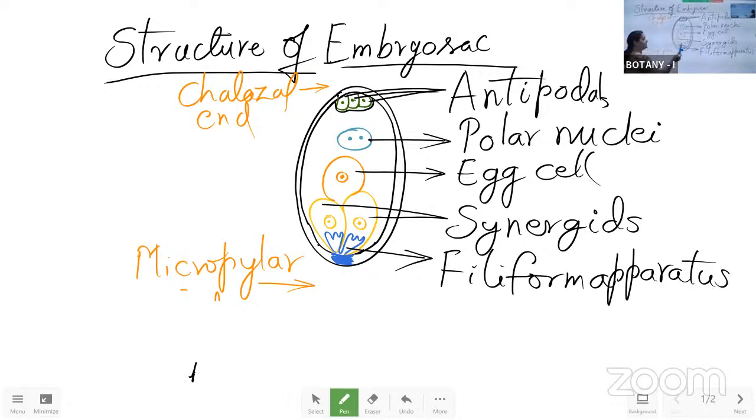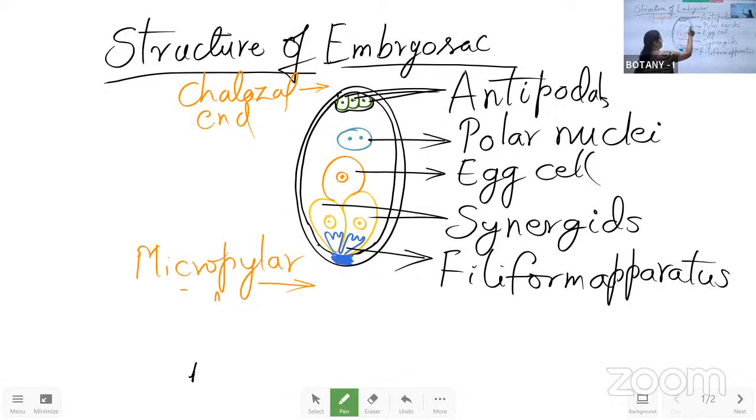When the embryo sac is very young, that is the immature embryo sac, it has two polar nuclei in it, and these two polar nuclei are covered externally with a thin membrane-like structure, which keeps them placed in the center of the embryo sac.